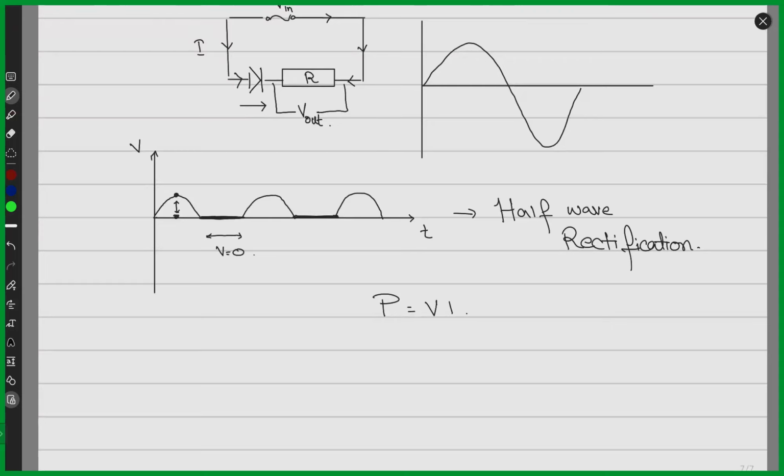So now let's go to the next page. We can fix this problem by what is called a bridge rectifier, right? Don't let the names intimidate you.